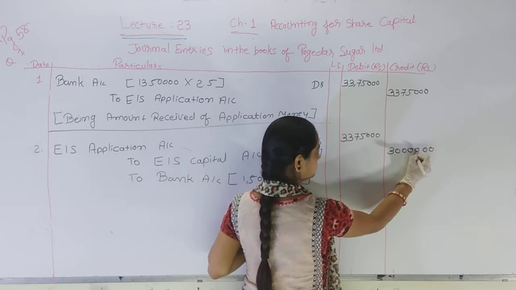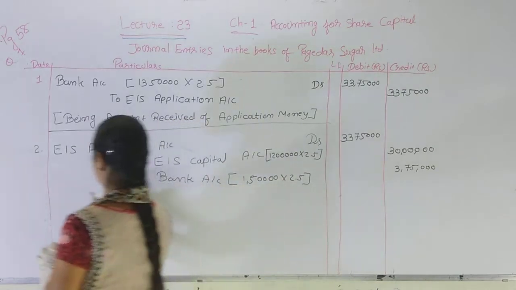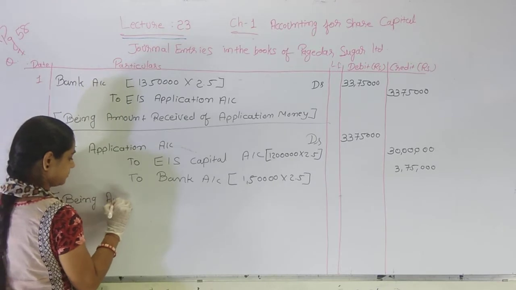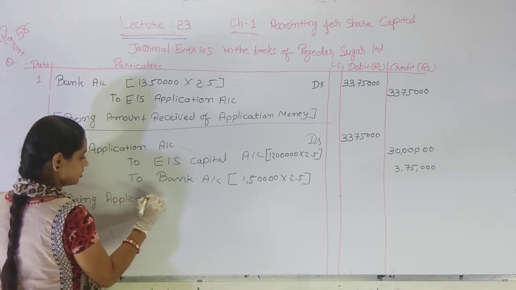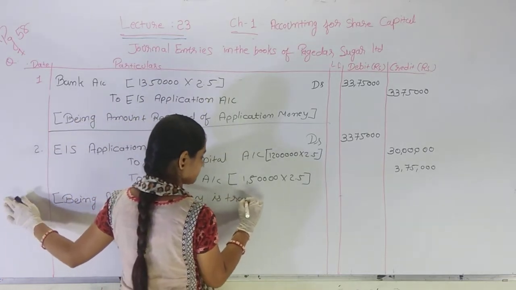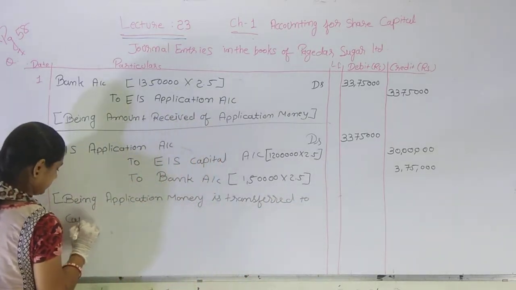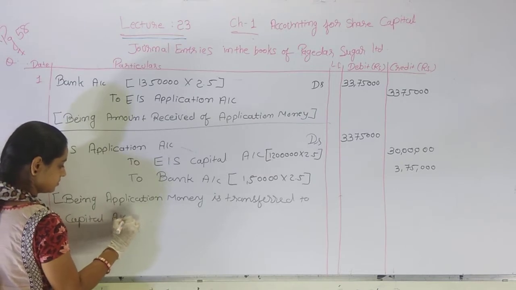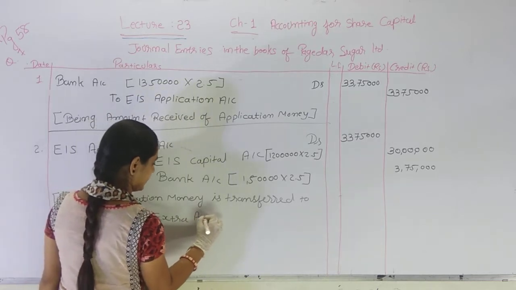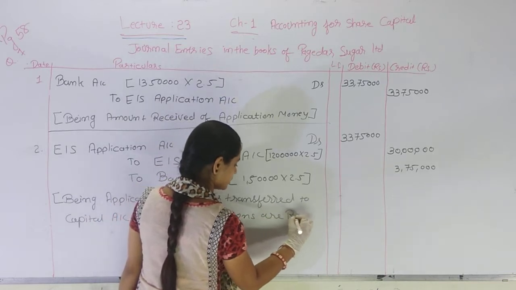And here comes 3,75,000, right? Into bracket we have to write being application money is transferred to capital account and extra applications are returned.